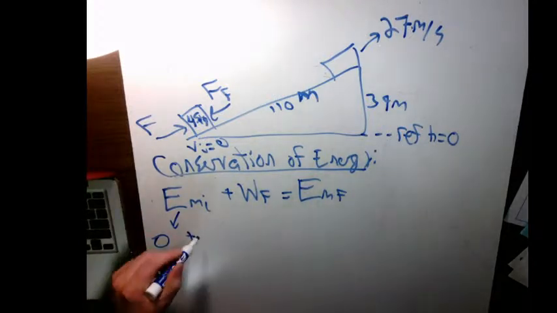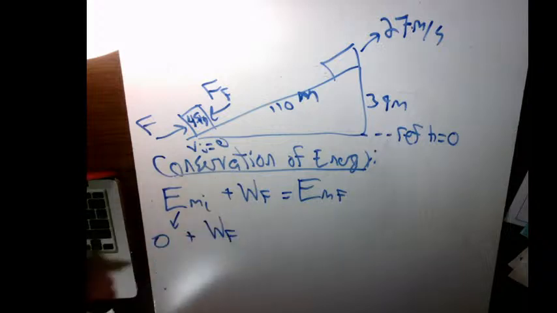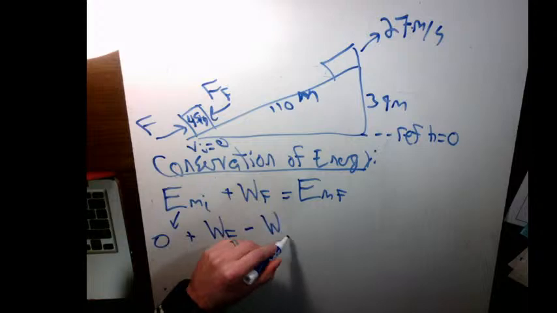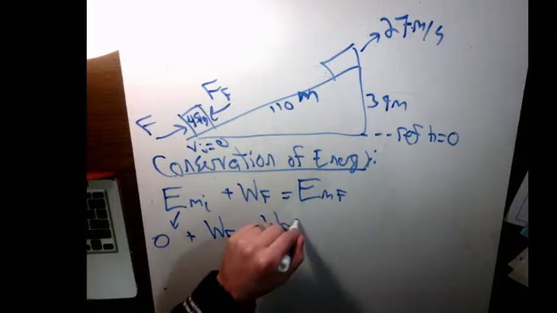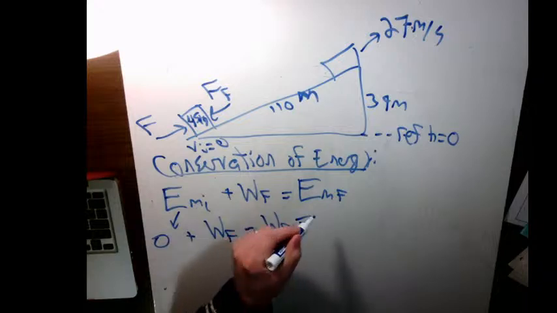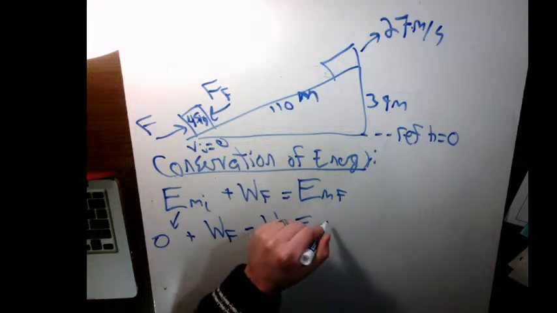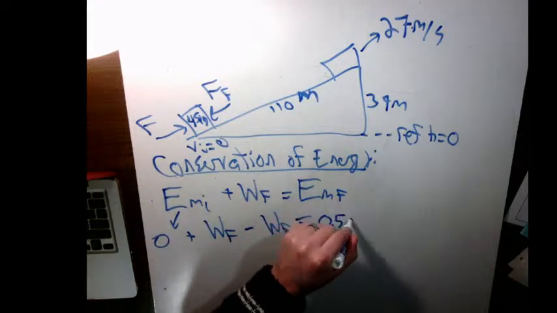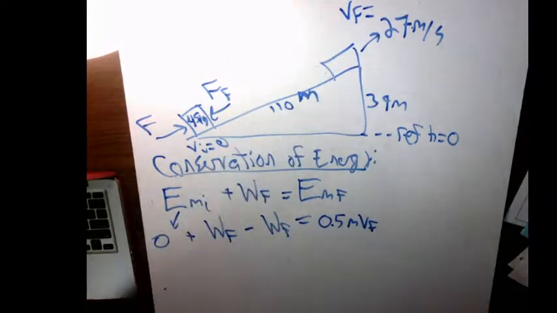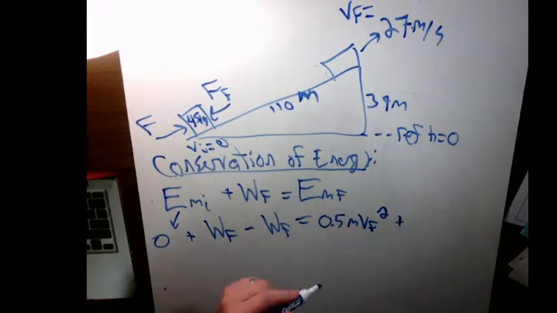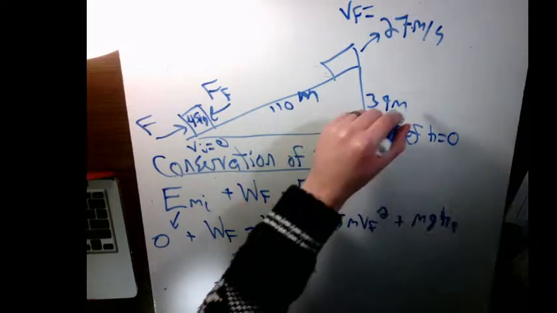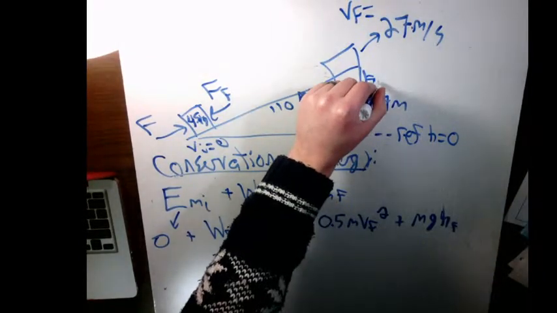But we do have the work of the force applied and this negative work of friction. That will equal our final mechanical energy, which is going to have both kinetic, with this 27 being our vf, and our gravitational potential, which is our 39 meters.